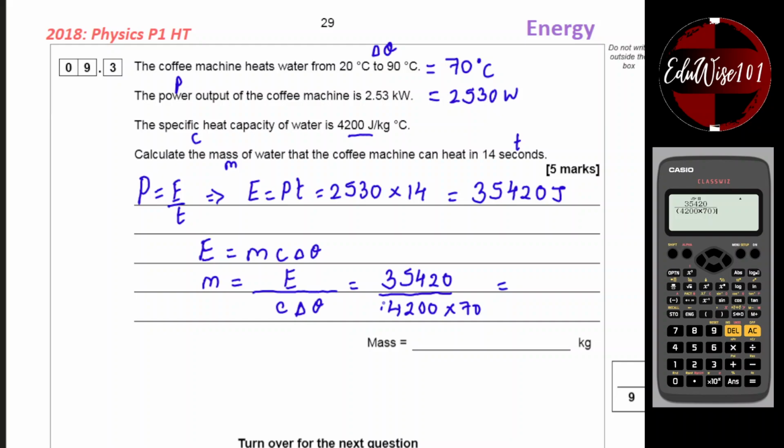So if I put a bracket here, that should give me an answer of 0.1204. So I can round it off to 2 decimal place. 0.12 kilograms. That's about 120 grams, and the answer is correct.